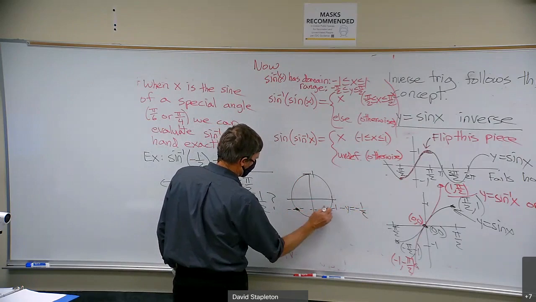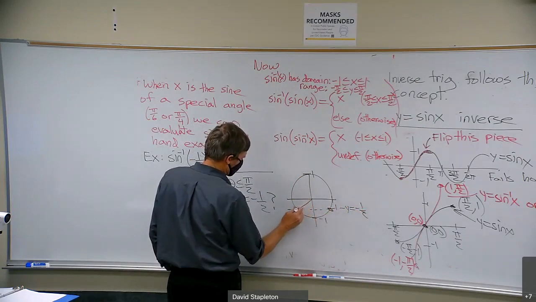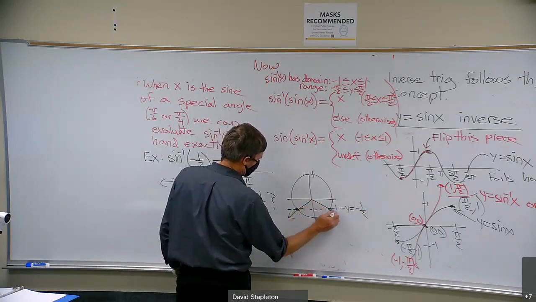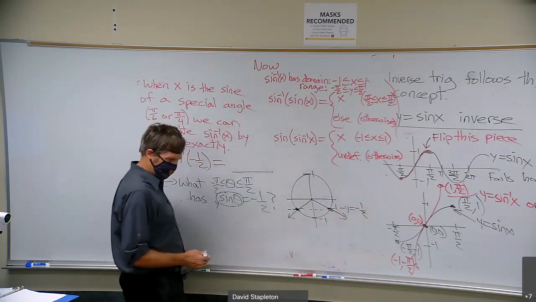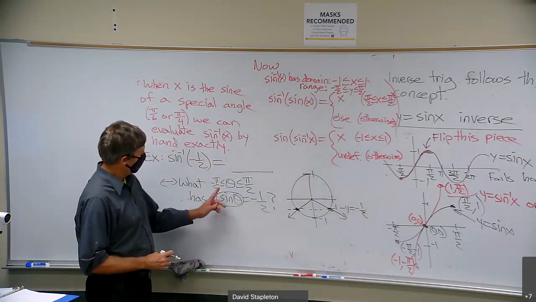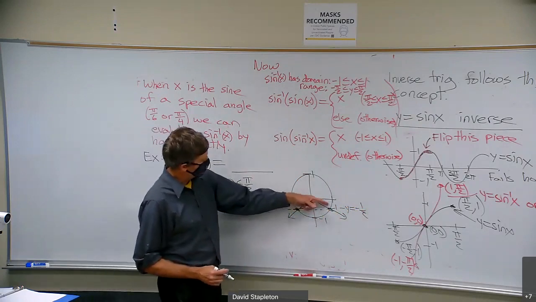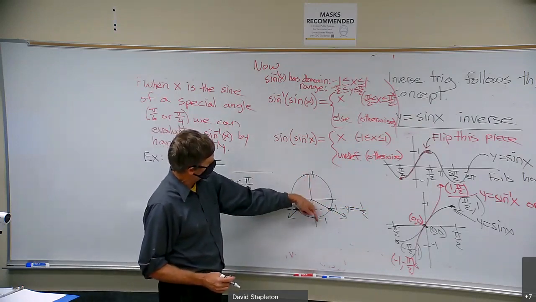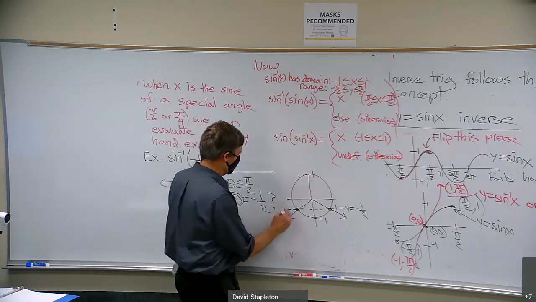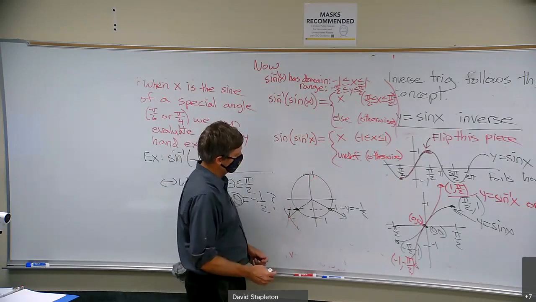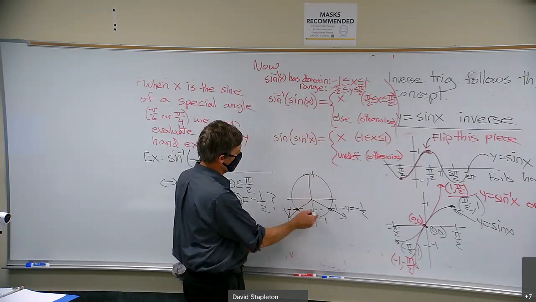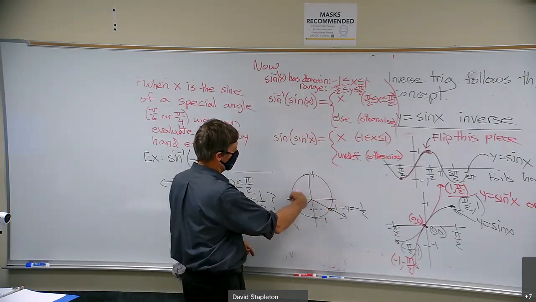Oh, there's 2 of them. So there's only 2 possible terminal rays, and which one do I want? I have to restrict the angle between minus pi over 2 and plus pi over 2. It has to be in here. So I throw this one out, it's in the wrong quadrant. And furthermore, I can't go around this way. That's not the right angle because that's bigger than pi over 2.